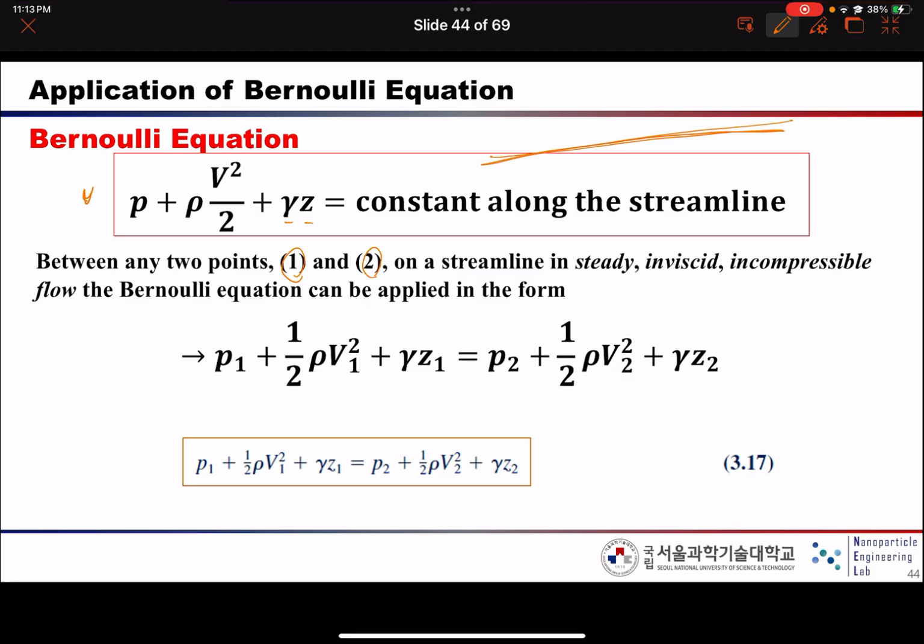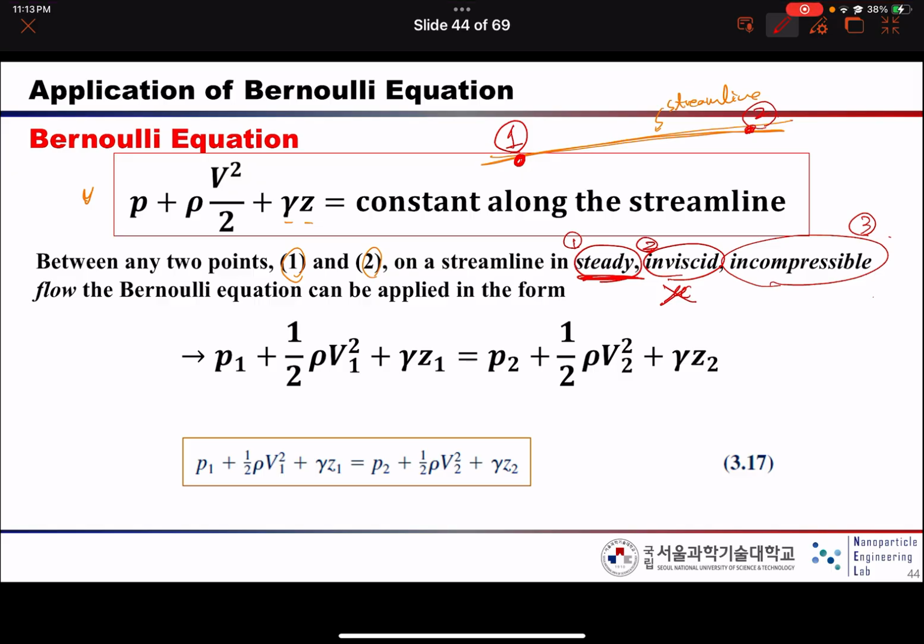This is the streamline, and if you put point 1 and point 2 on it, the flow must be steady, inviscid, so basically we ignore the viscosity, and third, incompressible.